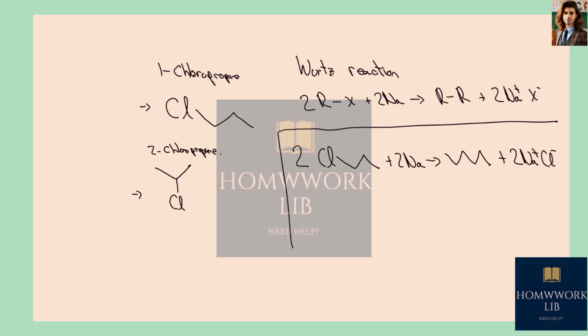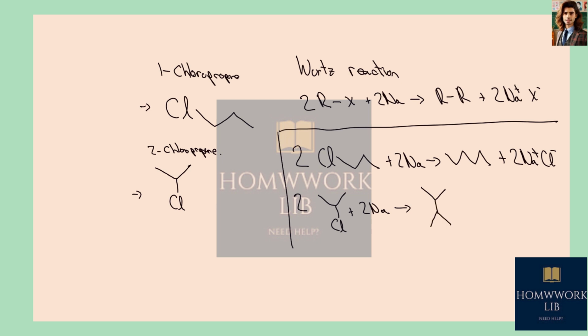Now, the other symmetrical reaction coming from 2-chloropropane. So we're going to take two equivalents of this chloropropane plus two equivalents of sodium. What it's going to generate is also an alkane that is going to have six carbons, but in this case, 1, 2, 3, 1, 2, 3.